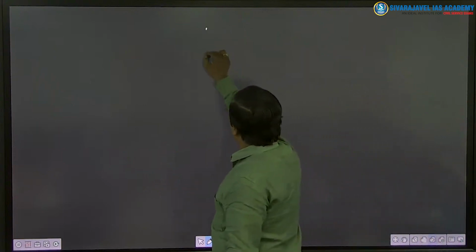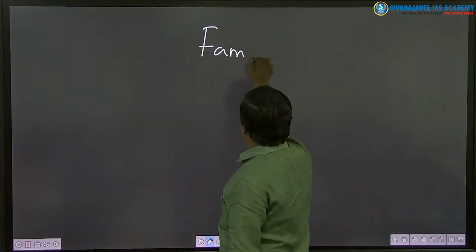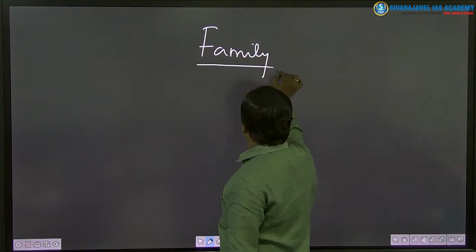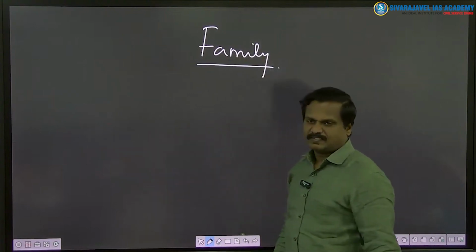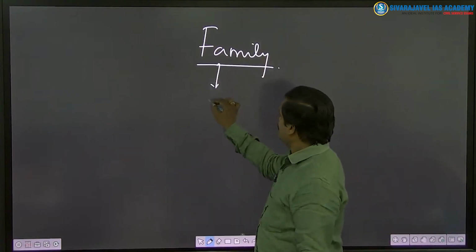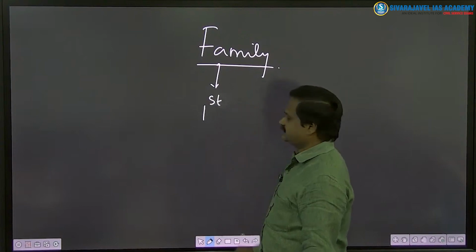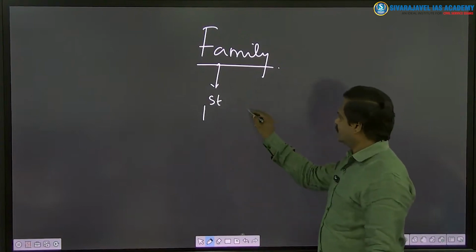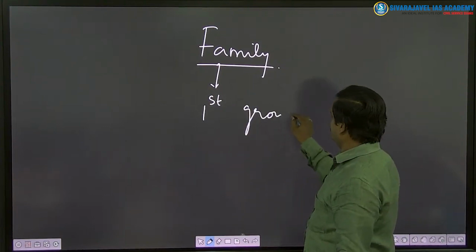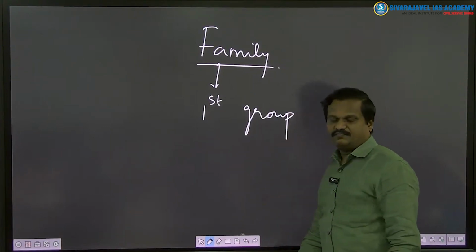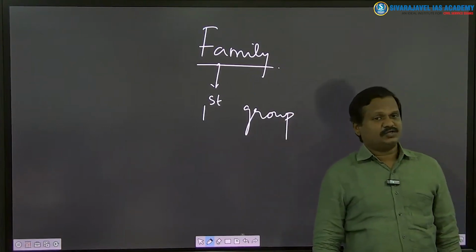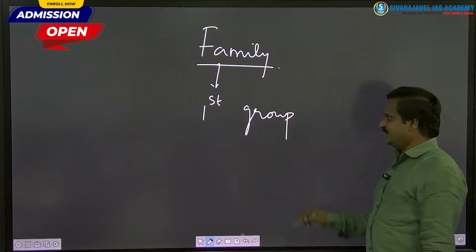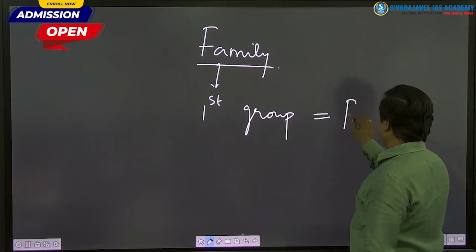Now, family is the first group which was created by human beings. It is called the primary group.